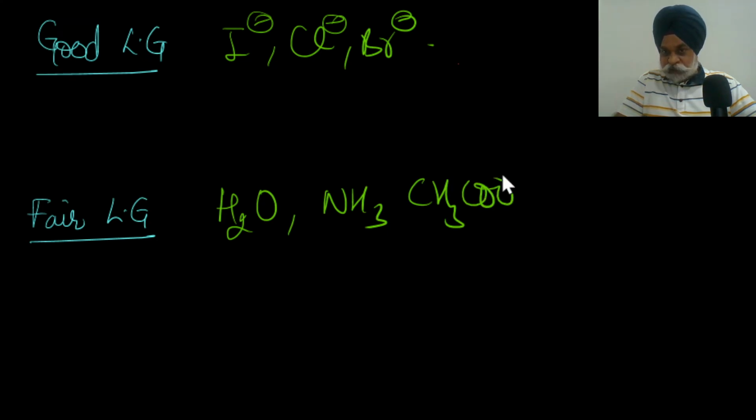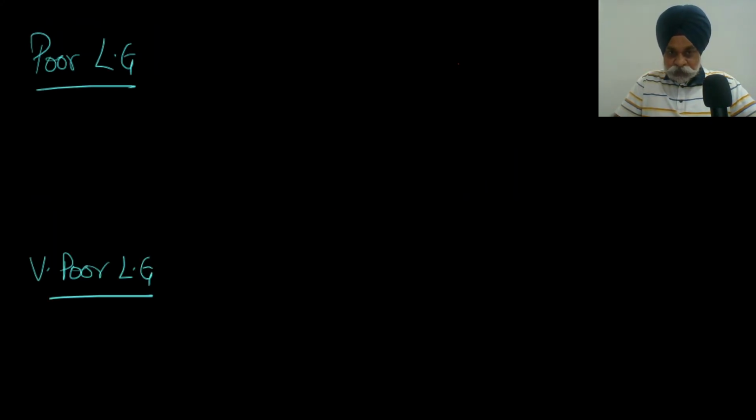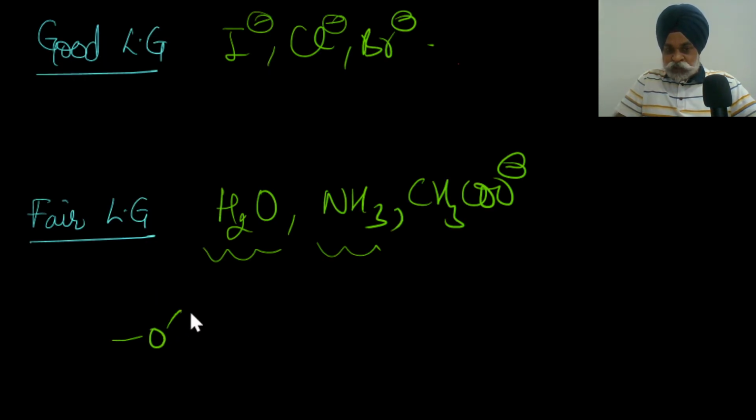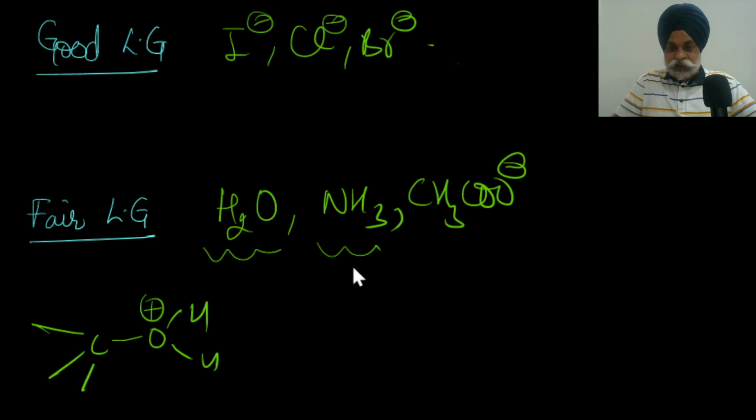These are fairly good leaving groups, because water is a neutral entity which comes out as a good leaving group, and water would come out only if during the reaction you have this sort of an entity attached somewhere. So this can come out as neutral water if the nucleophile attacks this and this goes out as water. So then only you would get this entity.